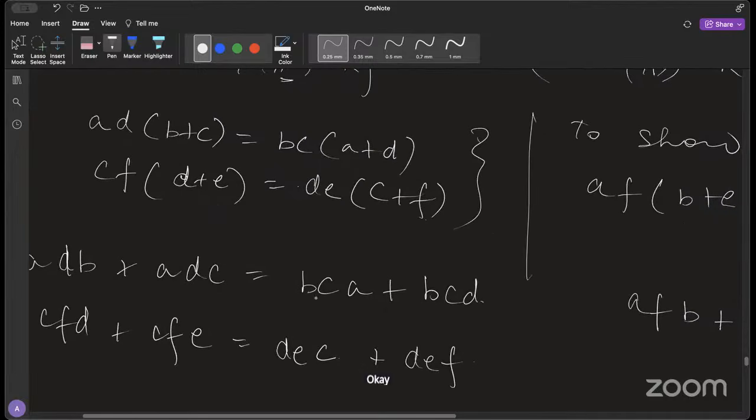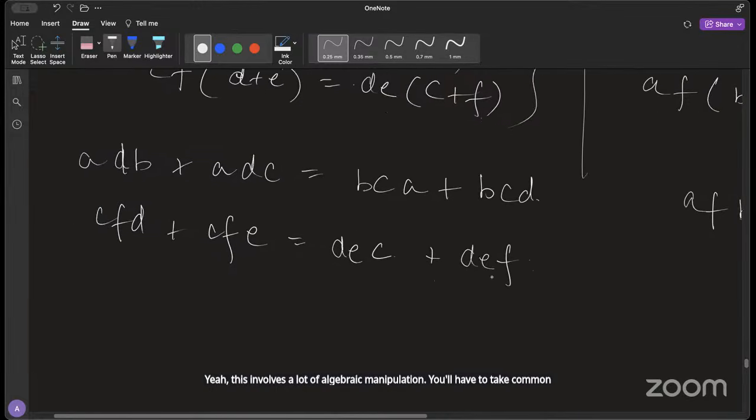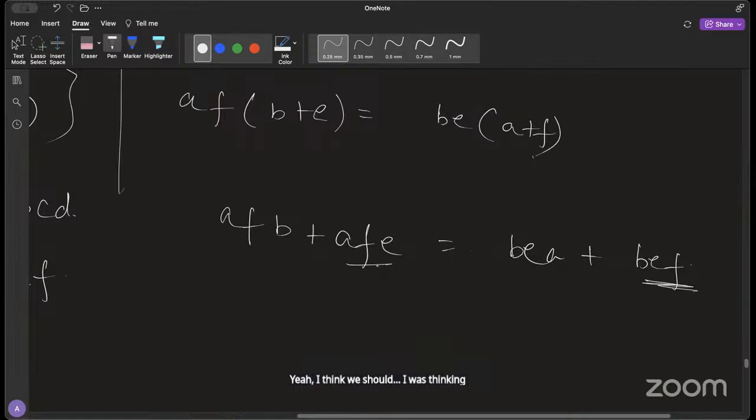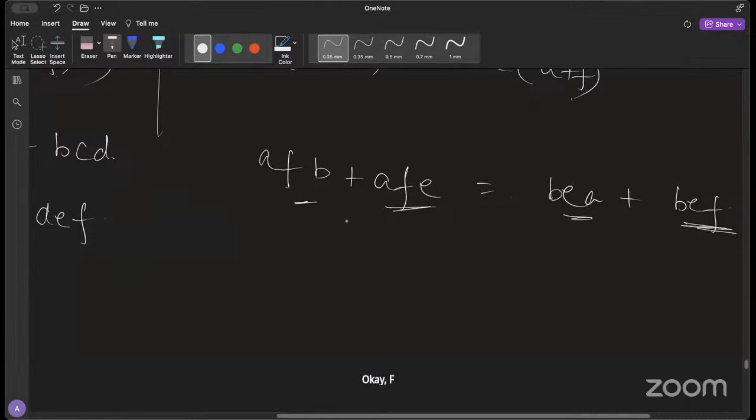Okay. Yeah, this involves a lot of algebraic manipulation. You'll have to take common terms and do it, right? I was thinking of clubbing these two, and these two. Okay, F. Let's do it here then. Let's see. B, E, A, and you can club these two too. Let's see which clubbing helps us.